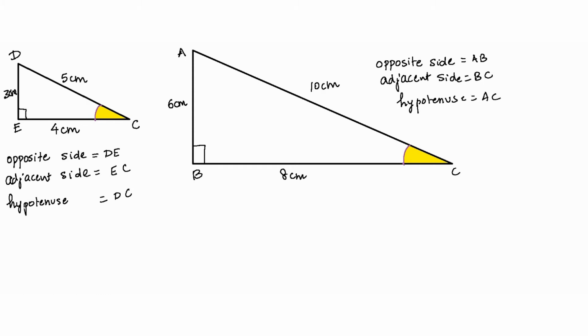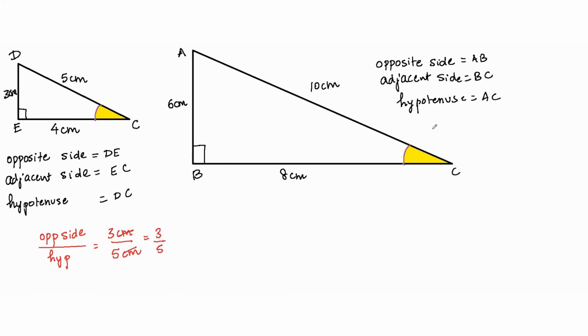Right? So now in both the triangles, I'm going to find a few ratios. So let me find the ratio of opposite side to the hypotenuse. The opposite side is 3 centimeters. The hypotenuse is 5 centimeters. Centimeter cancels, therefore the ratio is 3/5.